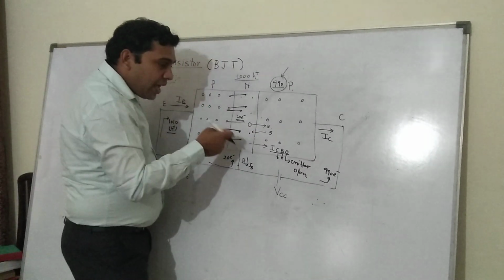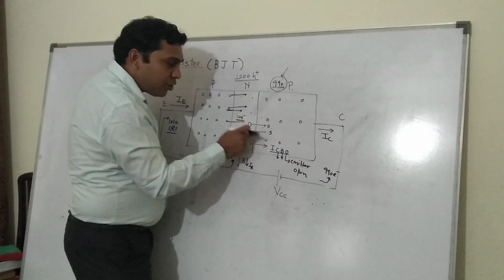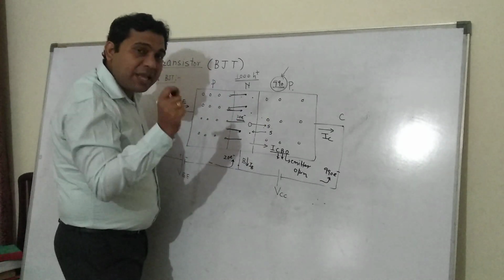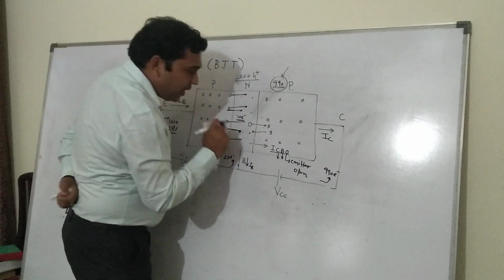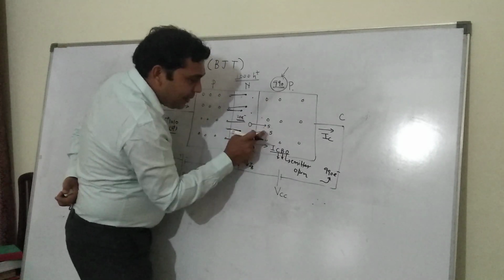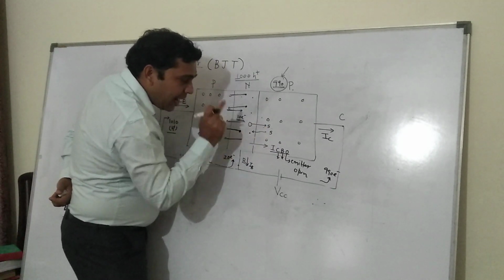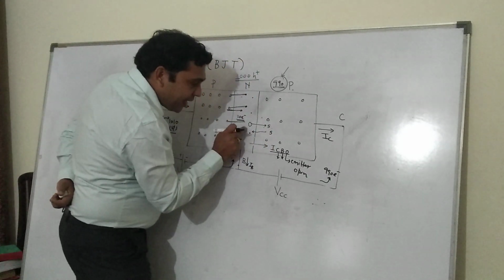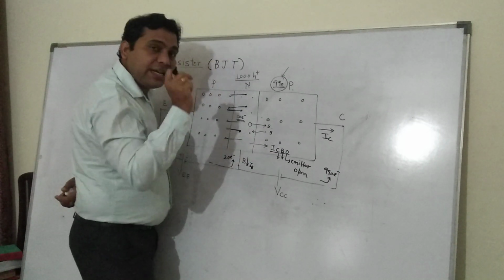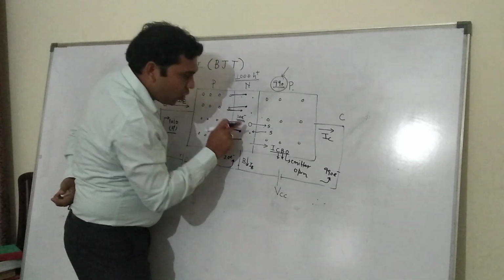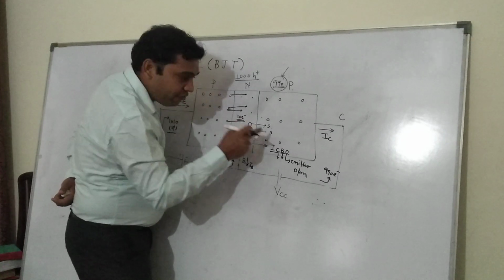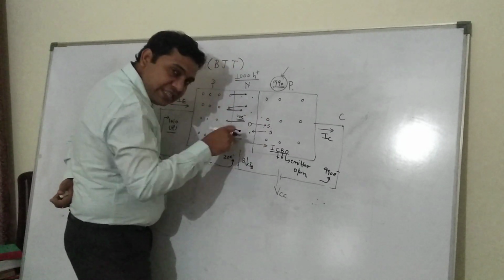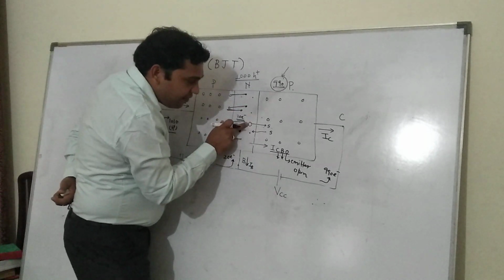Now, what is the overall effect of these 5 electrons and 5 holes in the base? The current will get a little manipulated because of these. When the 5 electrons from the P side come into the base, and 5 holes go from the base, basically now the base has 10 extra electrons: 5 here and 5 here.